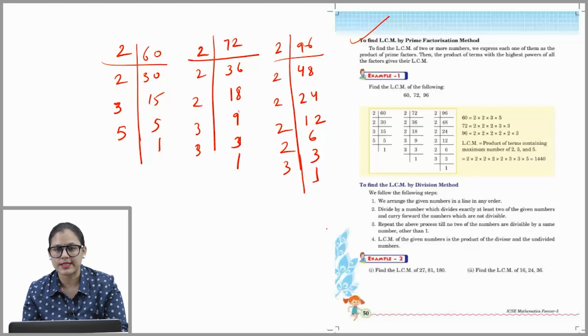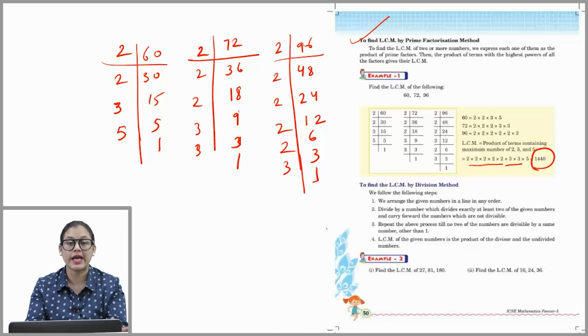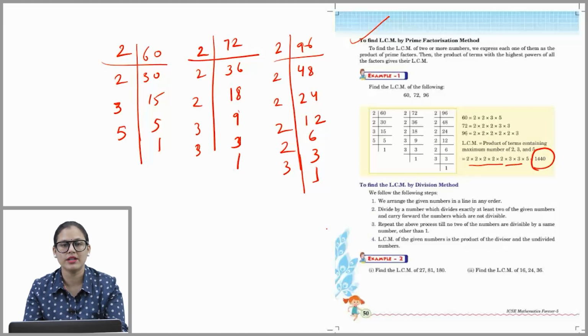The product of terms consisting of the maximum number of 2s, 3s and 5s. So the maximum number of 2s is, see how many 2s are there? 5. Then the maximum number of 3s is 3 into 3. Okay, and then 5. So the product is 1440. That is, the LCM is 1440.